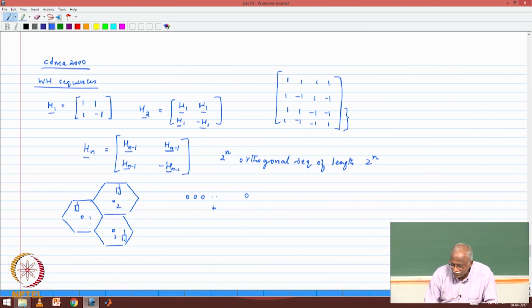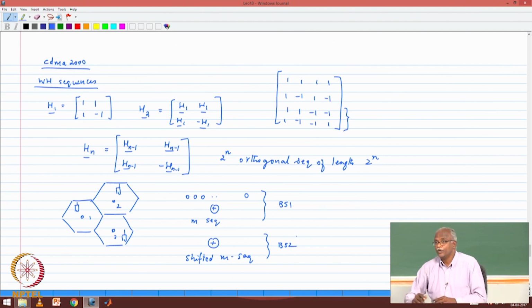They said we will exclusive OR this with an M sequence for base station 1, BS1, and exclusive OR with a shifted M sequence, shifted by one, for base station 2, and so on and so forth. So it is the same all 0 sequence, but each of these M sequences are shifted versions of each other.